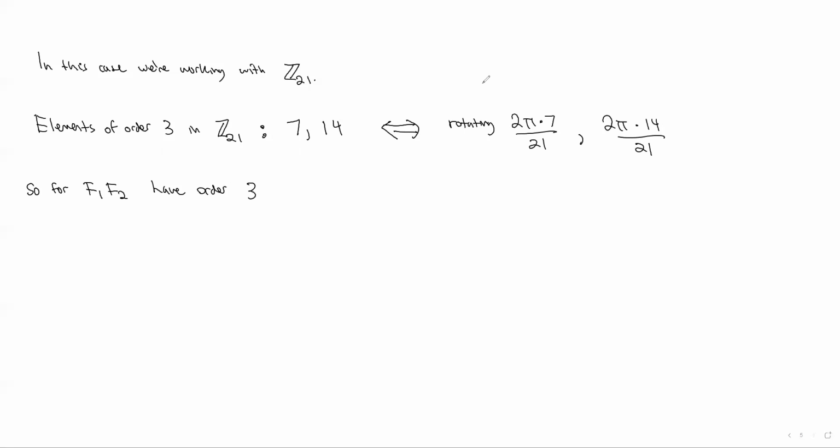let's pick one of these. Let's pick whichever one looks simpler. I'll just pick this one. This will be our target because we're trying to get a rotation that has order 3. So for F1, F2 to have order 3, we need 2 theta, where theta is the angle between them, to be 2 pi times 7 over 21.